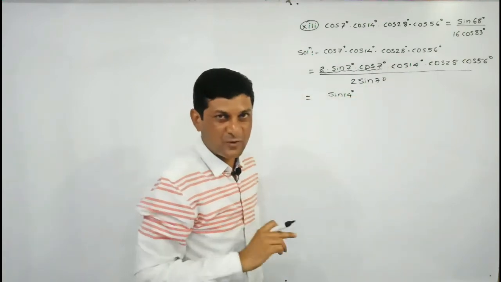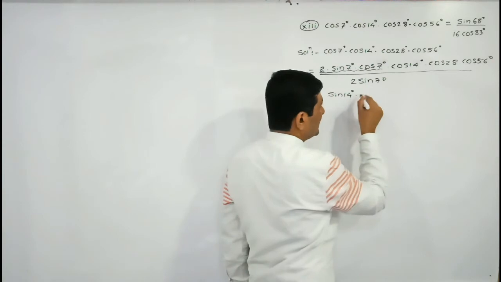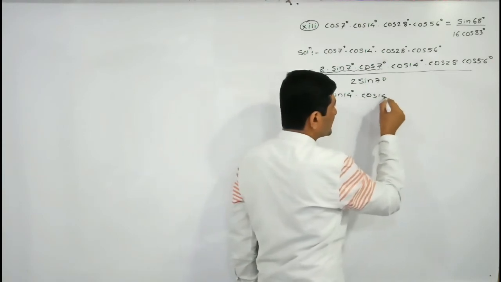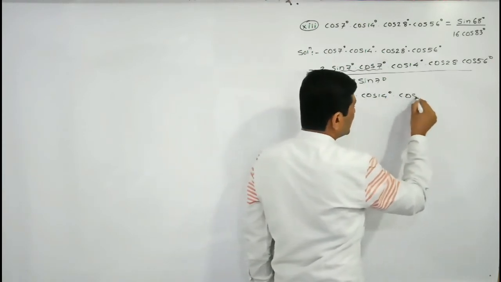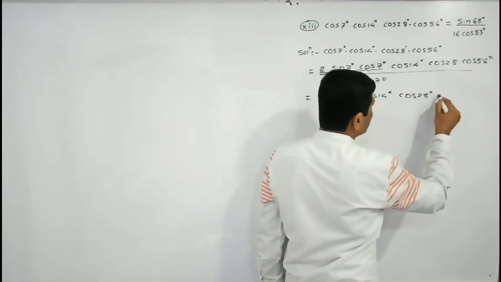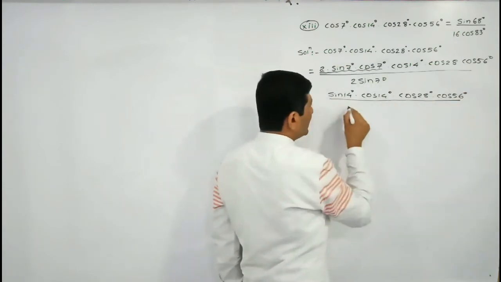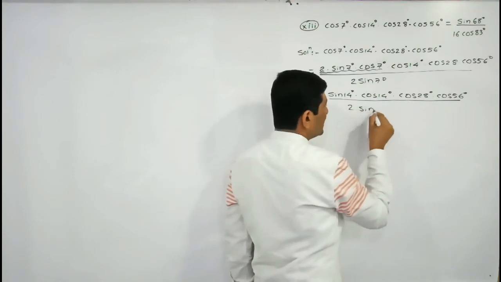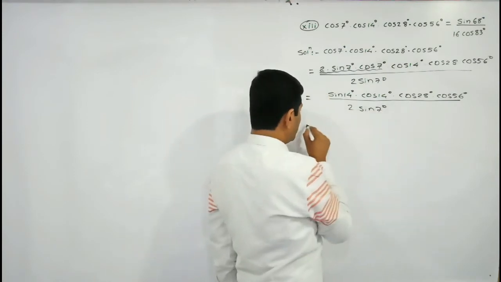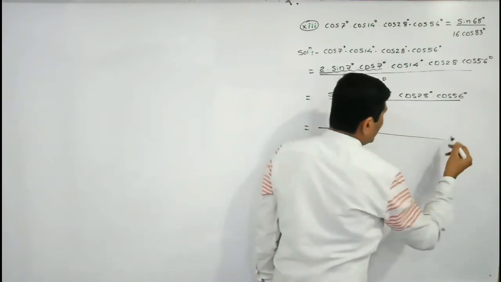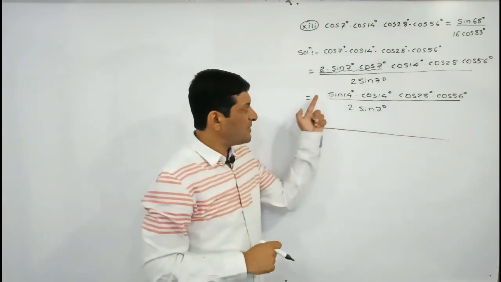Keep the remaining terms as they are, into cos 14 degrees into cos 28 degrees into cos 56 degrees, divided by 2 sin 7 degrees.